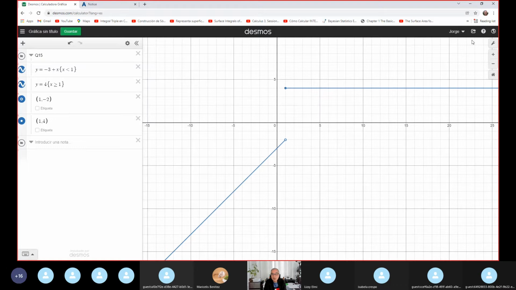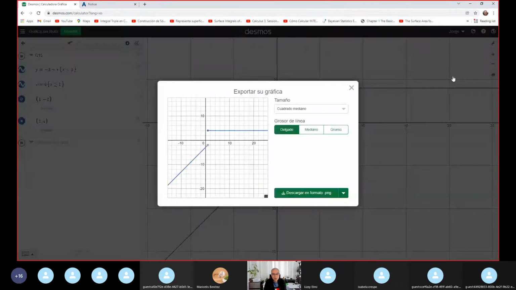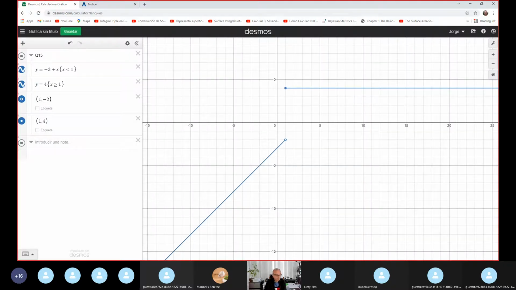Zoom here, you put it in the middle, maybe. Okay, export. Oh, much better. So we have different formats. You investigate and you download this here as an image, and send it as an attachment. Any question? Super clear? Okay, now let me see.